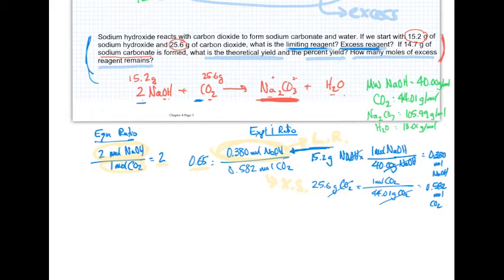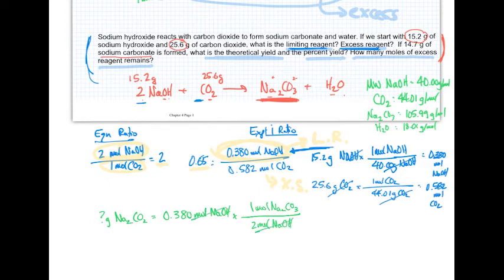So I'm going to say grams Na2CO3 is equal to 0.380 moles NaOH. We already found how many moles there were, so I don't need to recalculate that, times 1 mole Na2CO3 for every 2 moles NaOH.